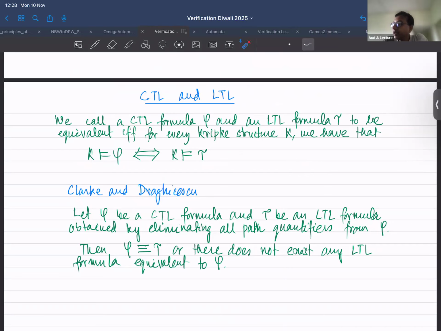So we say that a CTL formula phi and an LTL formula tau are equivalent if for every Kripke structure K, K satisfies phi if and only if K satisfies tau. Clear?